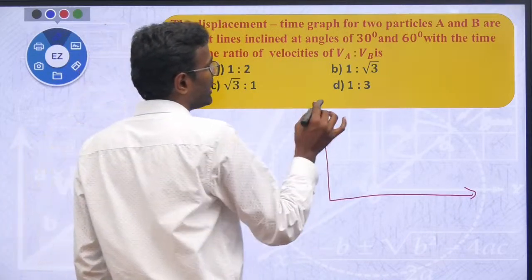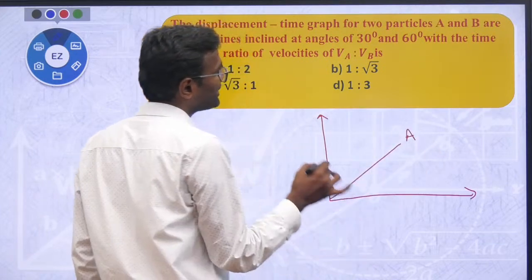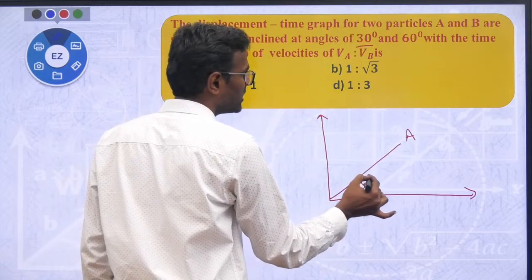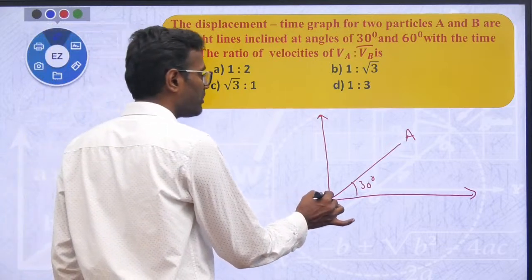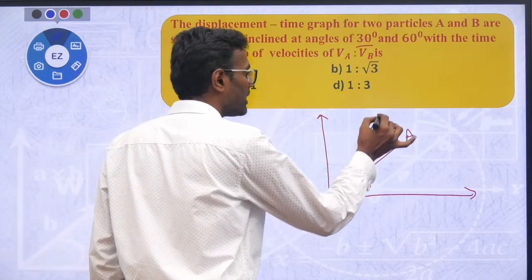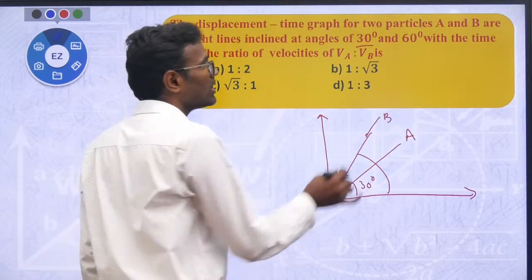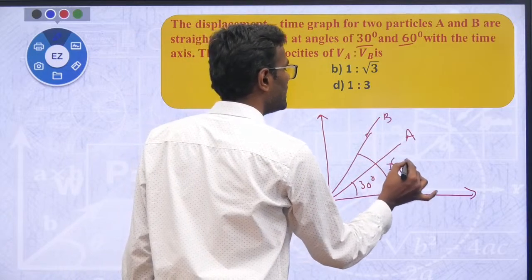So particle A makes 30 degrees with the time axis. Next, particle B, according to the question, makes 60 degrees.